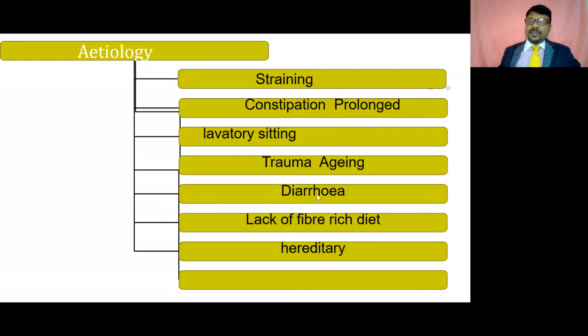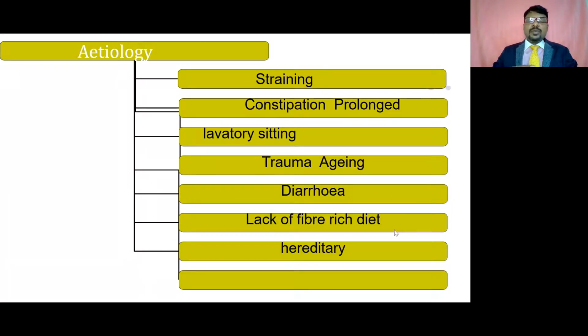If there are frequent diarrheal symptoms, they may also give compression over the venous plexus area, so there may be a chance to get hemorrhoids. And also lack of a fiber-rich diet, so this is the commonest problem. Many people nowadays are having non-vegetarian food, or a high-protein diet, or food products such as cheese and milk products or dairy products.